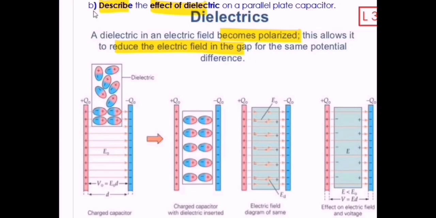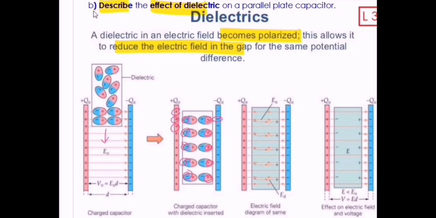So what happens is, when we insert the dielectric, the dielectric becomes polarized. It arranges itself like this. Since here is the negative plate, all the positive charges would be arranged facing the negative plate, and since this is the positive plate, all the negative charges will be arranged facing the positive plate.